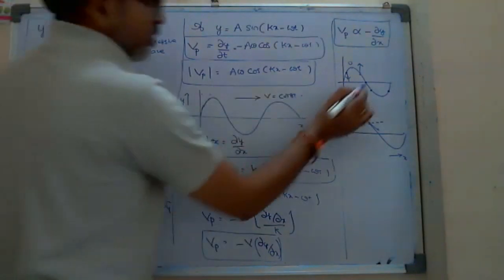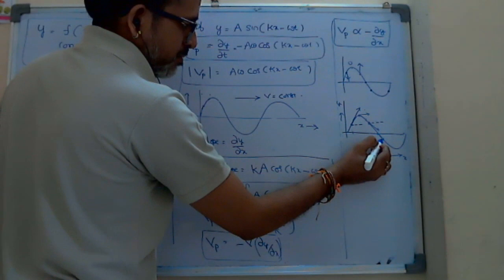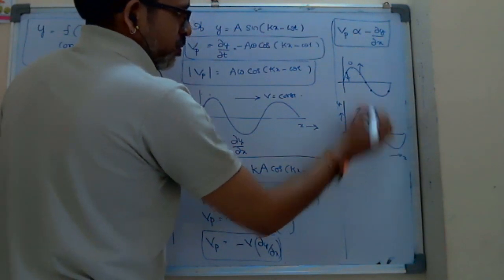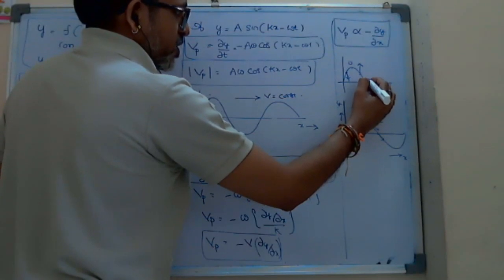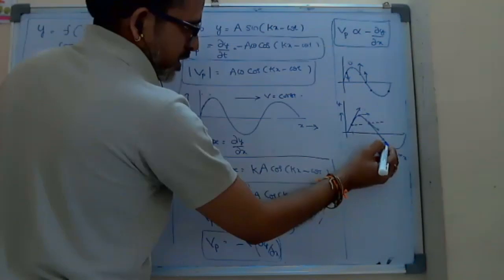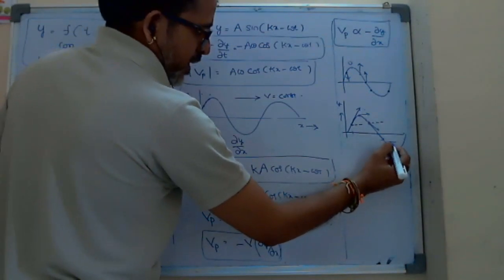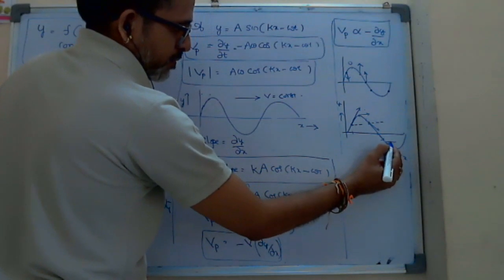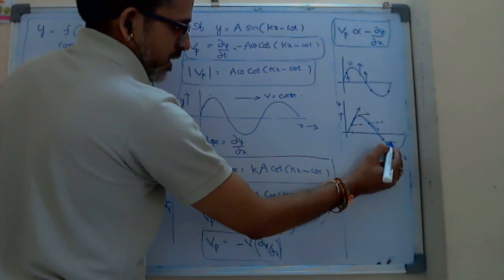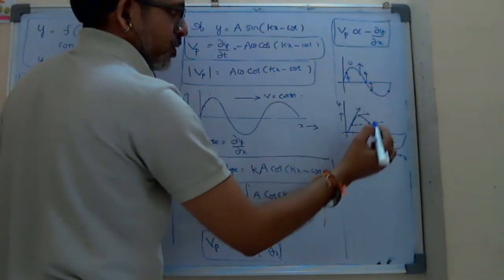Here also at this point slope is negative, which means velocity of particle should be positive, up. At this point, if I draw a tangent, in the fourth quadrant the slope is negative, so velocity of particle should be up.